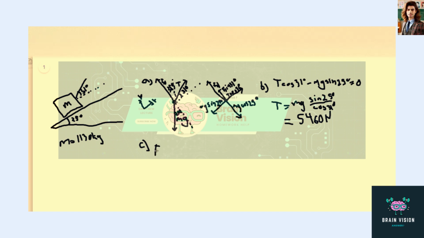We have Fn plus T sine of 31 degrees minus mg cosine of 25 degrees. And again, it's not moving up and down in the y direction or accelerating, so we'll set the sum of the forces equal to 0.